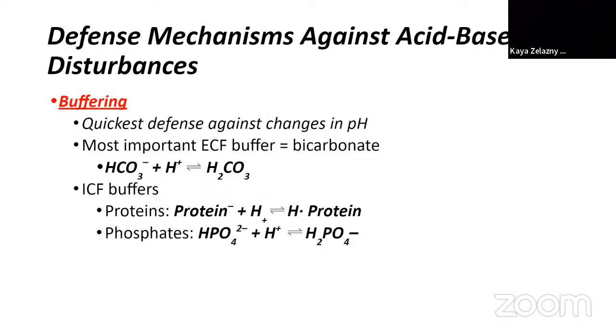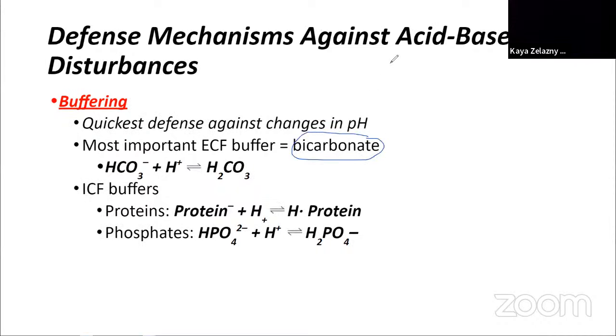Some proteins can act as buffers. Phosphates can act as buffers. We also said in the respiratory system that hemoglobin can do a little bit of buffering in the plasma, so in the extracellular fluid as well. But really, the most important buffer to remember is bicarbonate. That's part of our regulatory mechanism in a way the others aren't really.